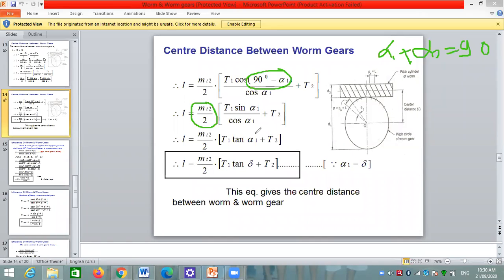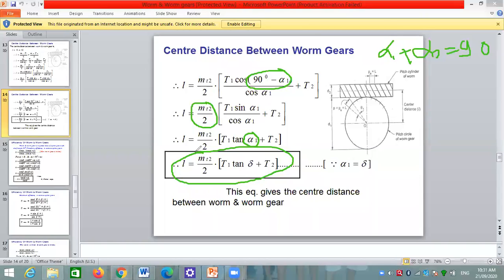And we know that alpha 1 is equal to delta. Therefore, center distance is equal to MT2 divided by 2 into T1 into tan of delta plus T2, where delta is called the helix angle.